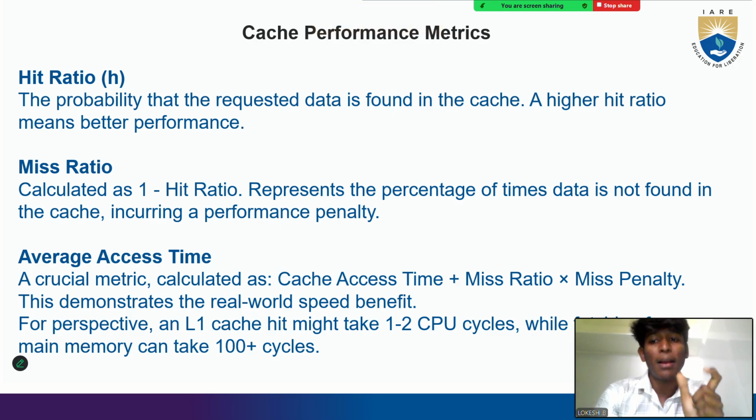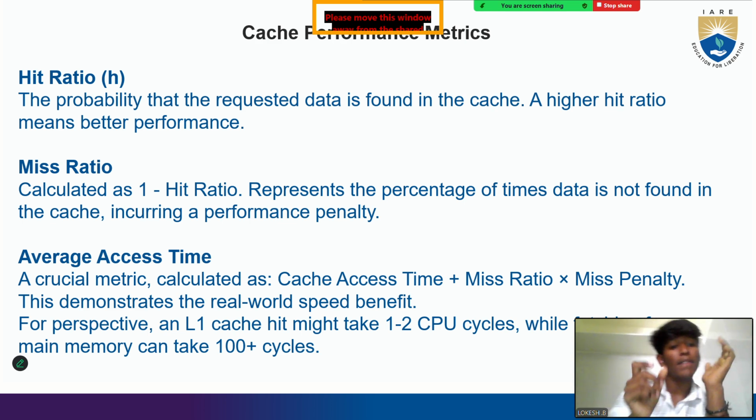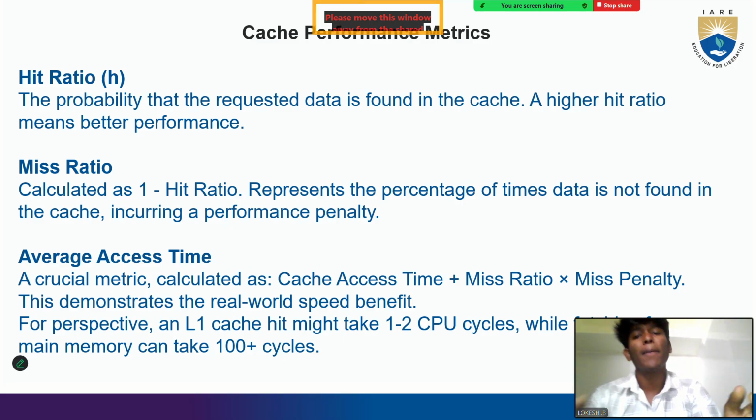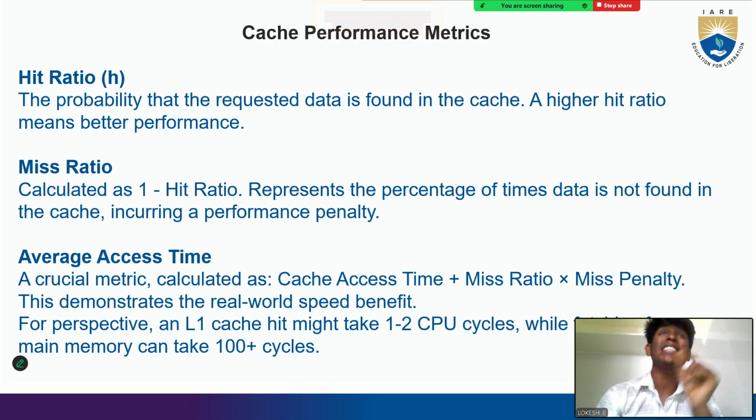This is a crucial metric, calculated as cache access time plus miss ratio times miss penalty. When the cache is accessed, it takes some particular time, plus the miss ratio: if the data is not found, then the miss ratio is multiplied by the miss penalty.